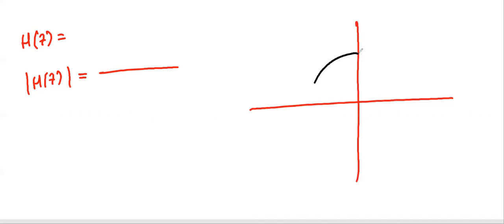This is the unit circle. For simple pole-zero locations, let's say this is the 0 and this is the pole. We have a single pole and a single 0.